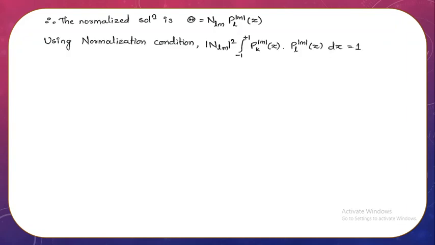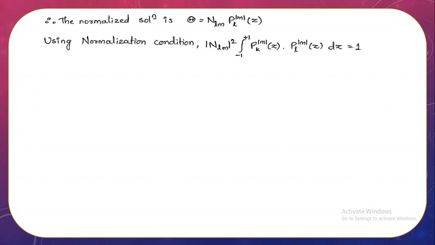Again we need to use the normalization condition, which is the integration from minus infinity to plus infinity of the wave function, that is theta star into theta dz, which will be equal to 1.